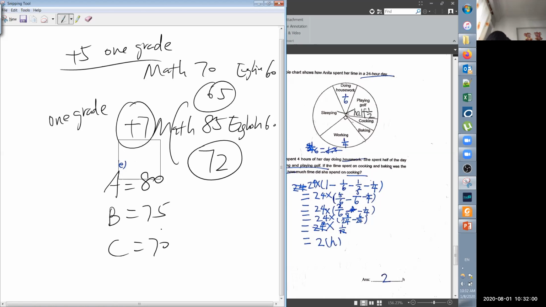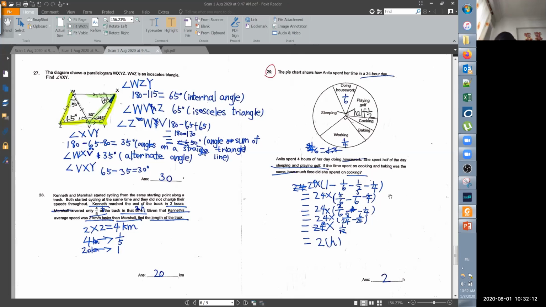So if you have a 7 marks difference, you have more than 1 grade difference. So that's the importance of even 1 mark in math. So please be very, very careful. Don't ever write like this anymore. Don't put them all together. Put it step by step, just like what you do here, which is good.